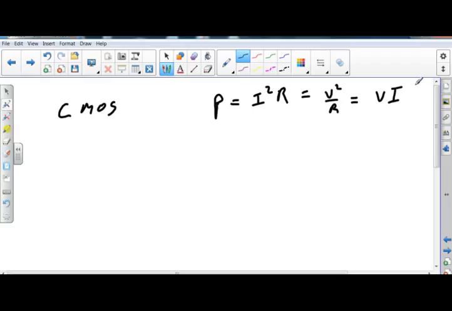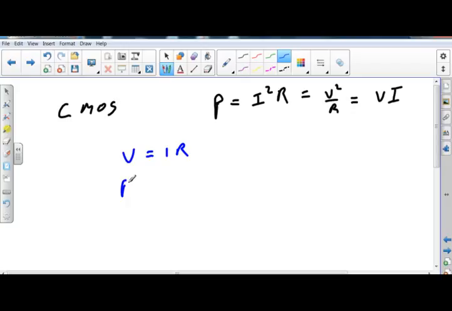Okay, any questions? Is that formula in the book? It's in your circuit analysis book. So in circuit analysis, you've done V equals IR, right? You've done that already, Ohm's law? You may not have. It might be chapter 3. You may not be there yet.